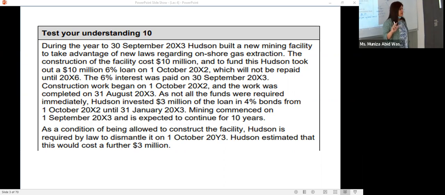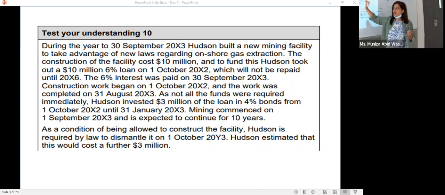Only for 11 months: October, November, December, January, February, March, April, May, June, July, and August. Only for 11 months is the interest on the loan going to be capitalized, since the construction work was completed by 31st August 2003. So only 11 months interest is going to be capitalized, multiplied by 11 divided by 12. Yes, it's till August, from October to August, 11 months.